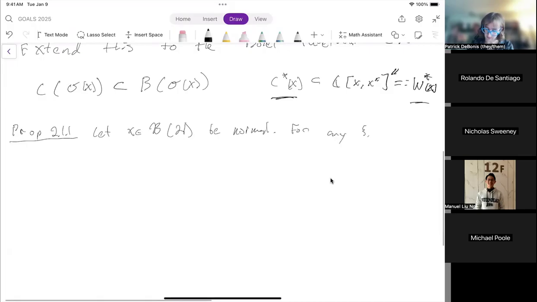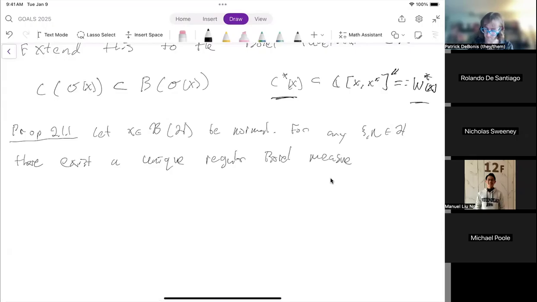for any vectors xi and eta in our Hilbert space, there exists a unique regular Borel measure that we index by these vectors.